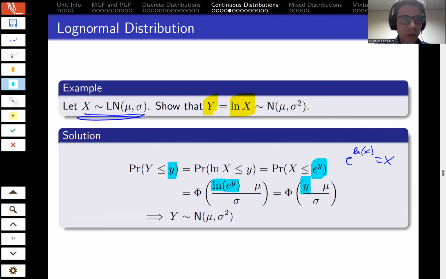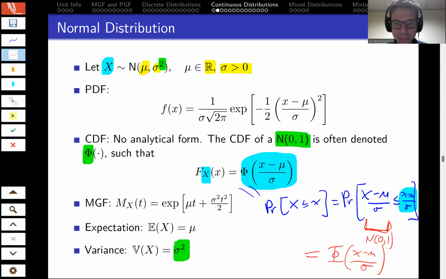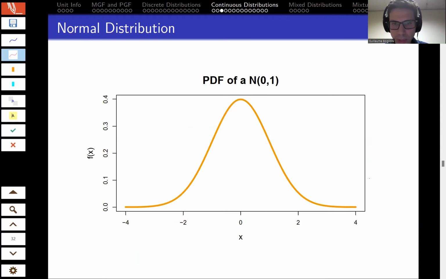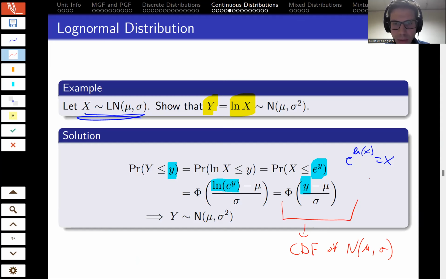Now look at this expression. This is a CDF of a normal mu sigma, as we saw a few slides ago. Because the CDF uniquely identifies the distribution, you conclude y is a normal with parameters mu, sigma squared. So the result is proven.